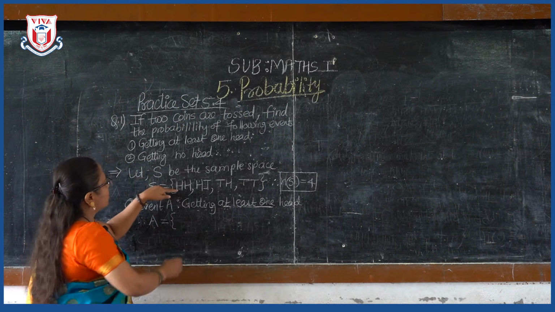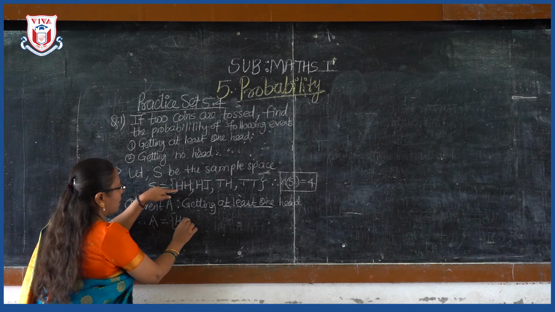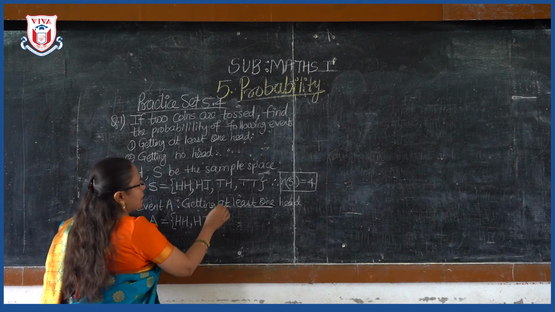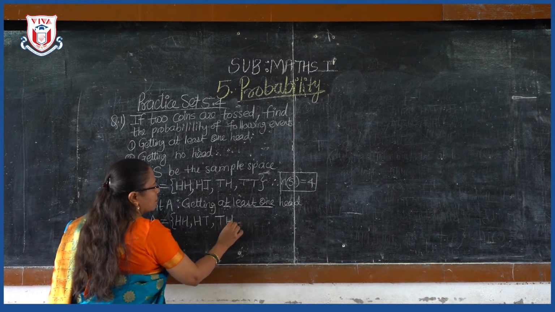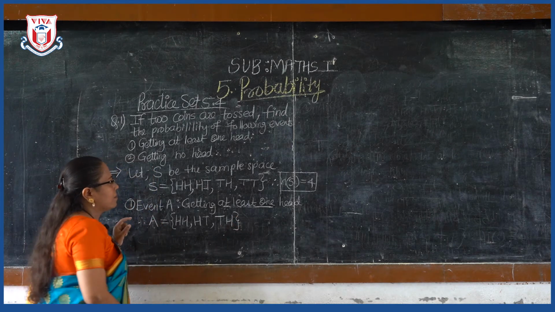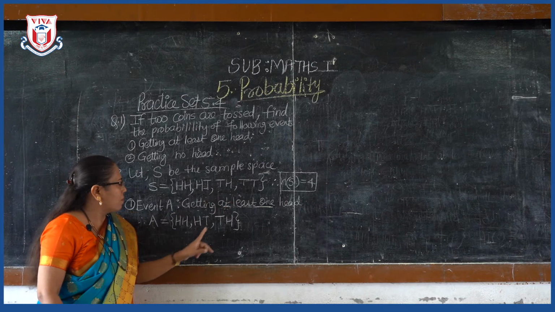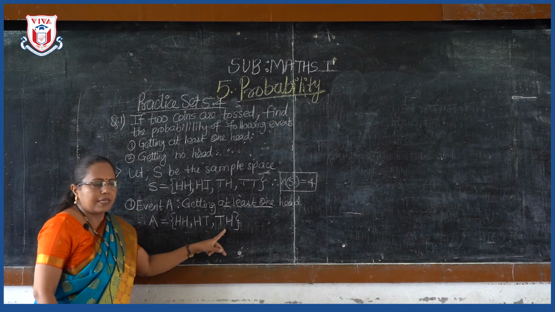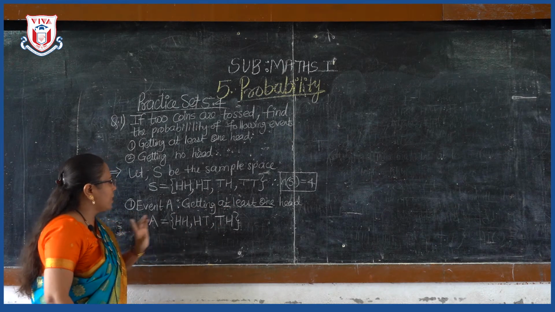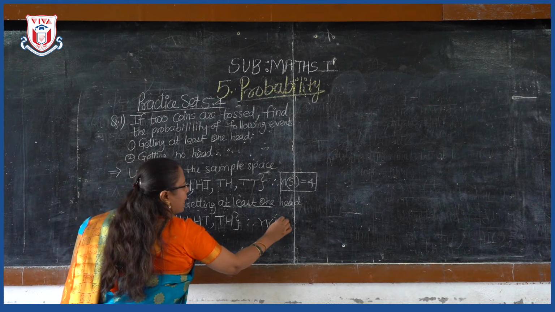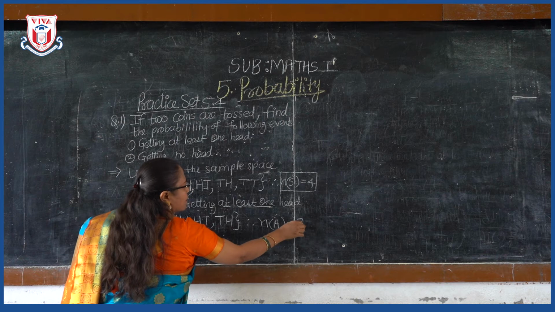So the first point is HH, then HT, then TH. Close the bracket. TT we can't take because there is no head there. So only 3 outcomes are there: 1, 2, 3. Therefore n(A) = 3.